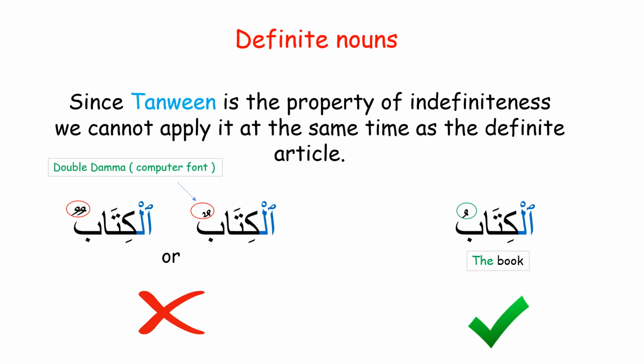This second step is crucial. You will never see the definite article al and tanween in the same word, unless someone makes a grammatical mistake. And it makes sense, doesn't it? Since tanween is the property of indefiniteness, we cannot apply it at the same time as the definite article.